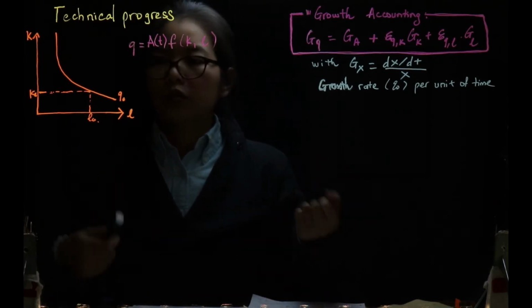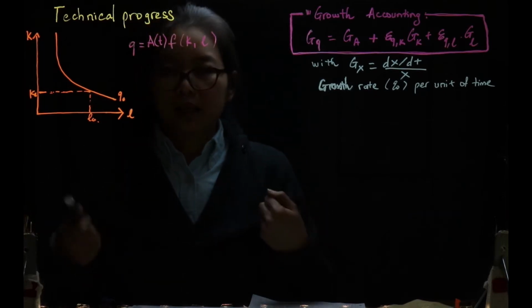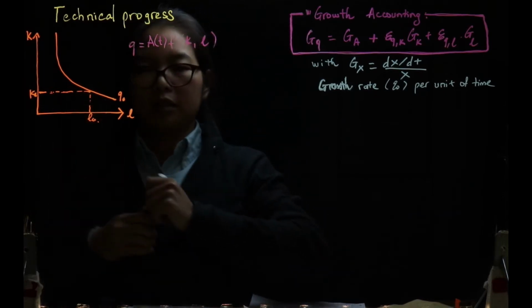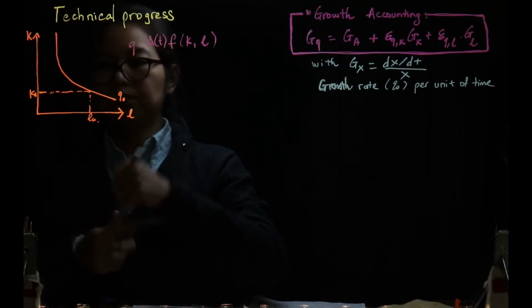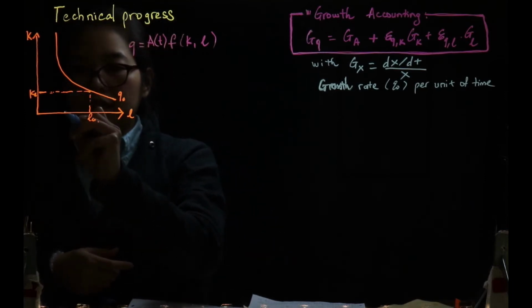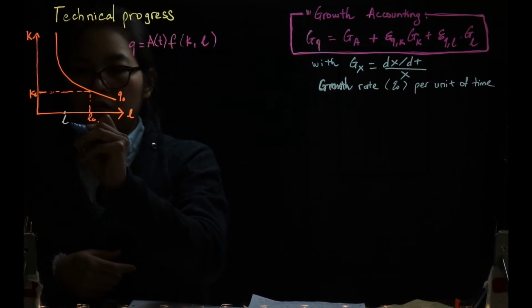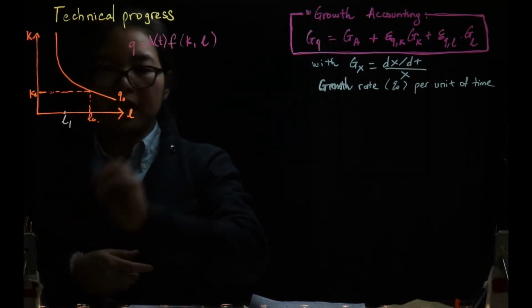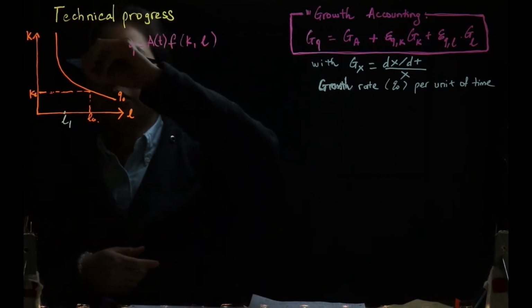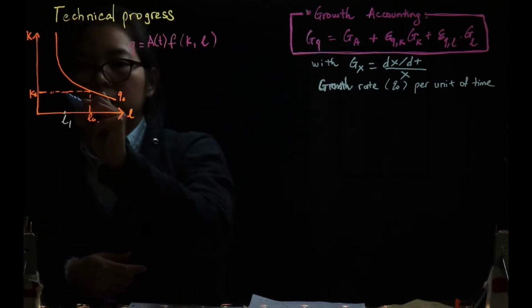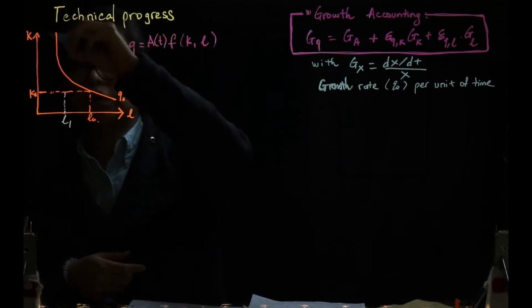Well, in general, we could think we also need less capital, but for now, let's stick to that case. So now we only need, for example, L1 to produce the same Q0.